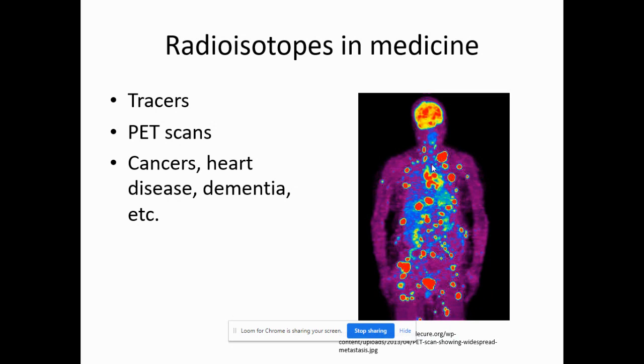Unfortunately, all these red things that you see in images are cancerous tumors. Right. So they're used in cancer imaging. They're used to diagnose heart disease. They're used to diagnose different conditions in the brain, such as dementia. So they're very important in medicine.